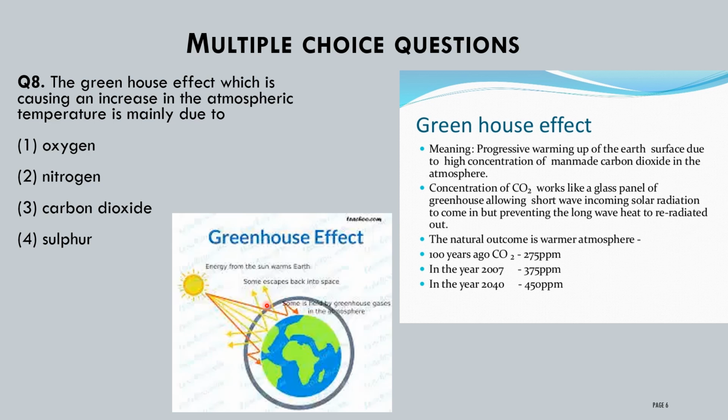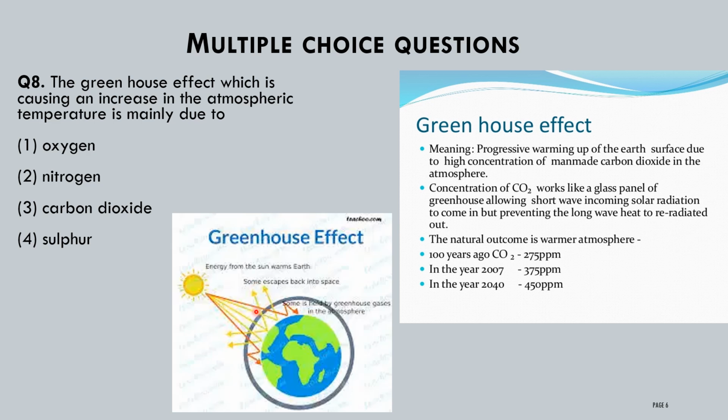Here you can observe the earth and the sun. From the sun we get solar radiation. When this solar radiation hits the earth's surface, it has to re-radiate back out from the earth's surface.